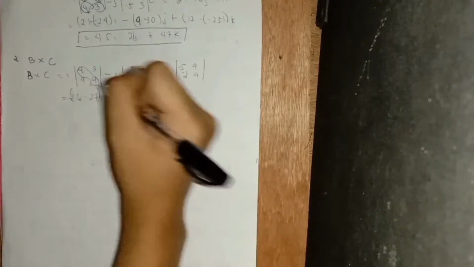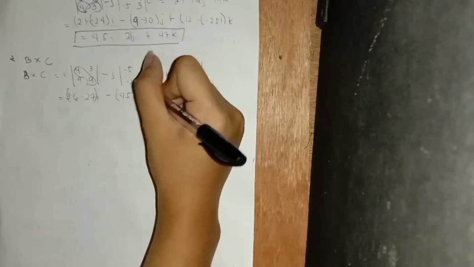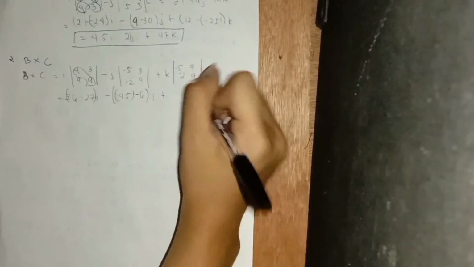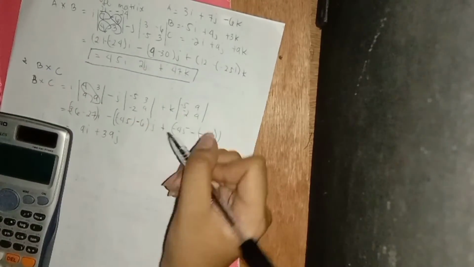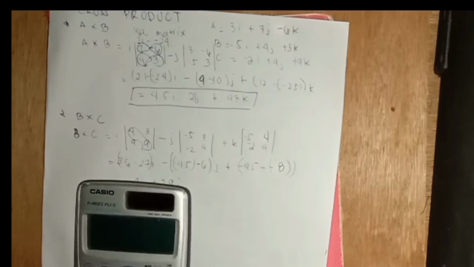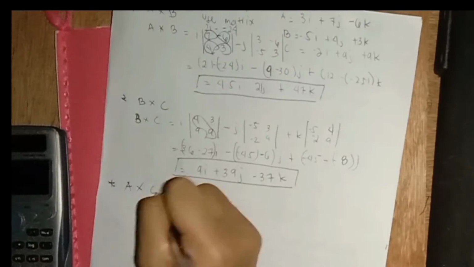Same process for the next two vectors, B and C. Use the matrix again, cross multiply the components and simplify. So we get another vector, which is 9i plus 39j, and for the k it is negative 37.